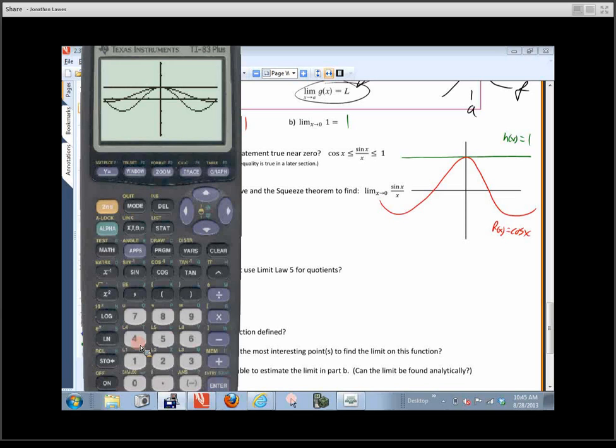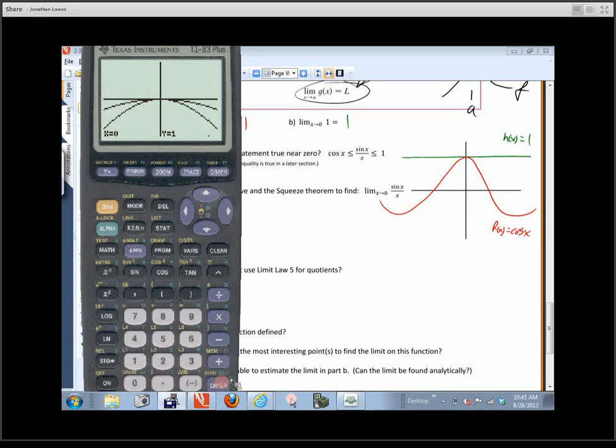And there's 1. Okay, and let's do this. Let's zoom in right here. There's cosine. There's sine of x over x. Okay, does it look like that's true? Does it look like sine of x over x is in between cosine on the bottom and 1 on the top?